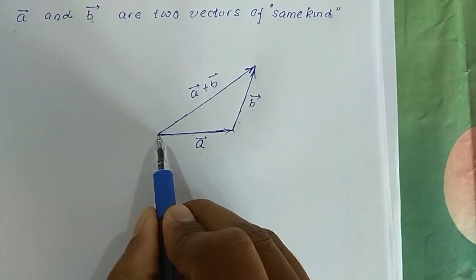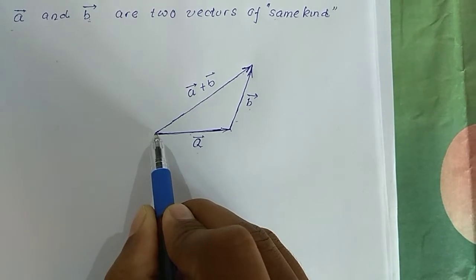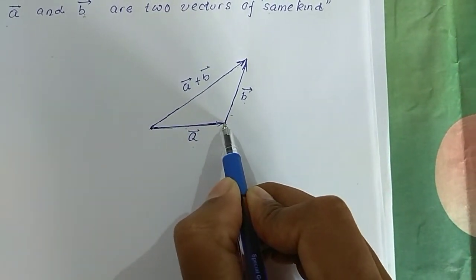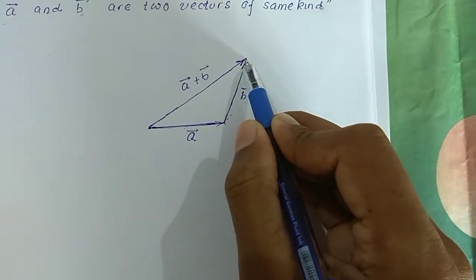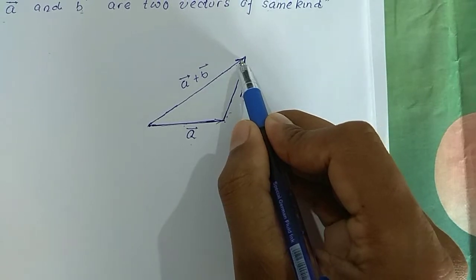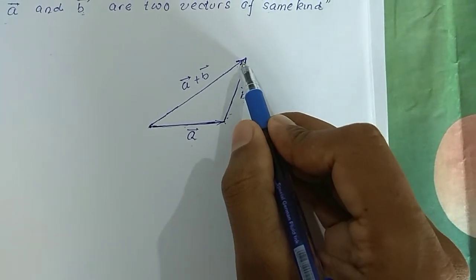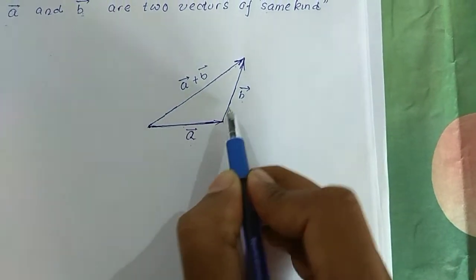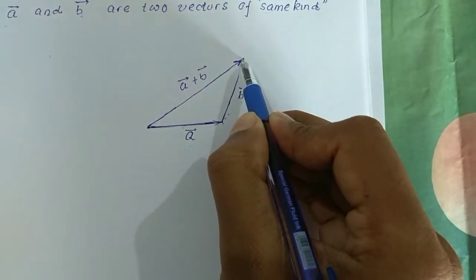You see here, if you move, you get tail, head, tail, head, and if you turn this, first comes head, not tail. So tail, head, tail, head, head, tail.